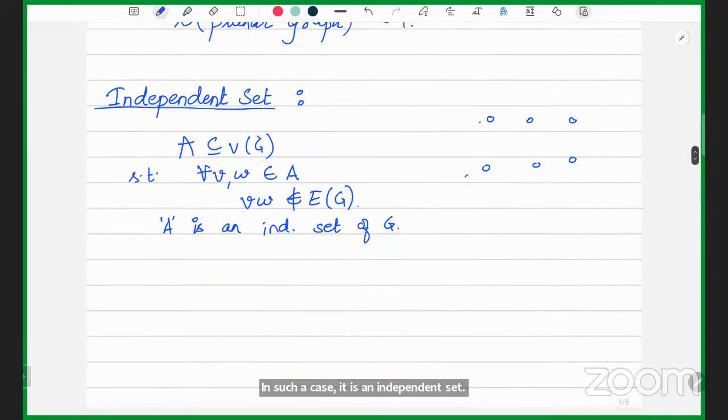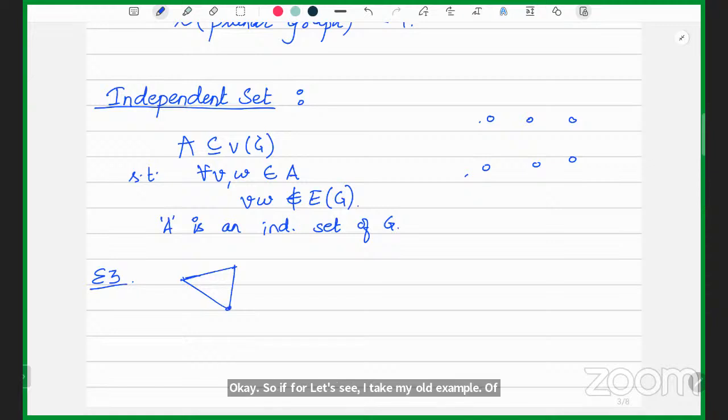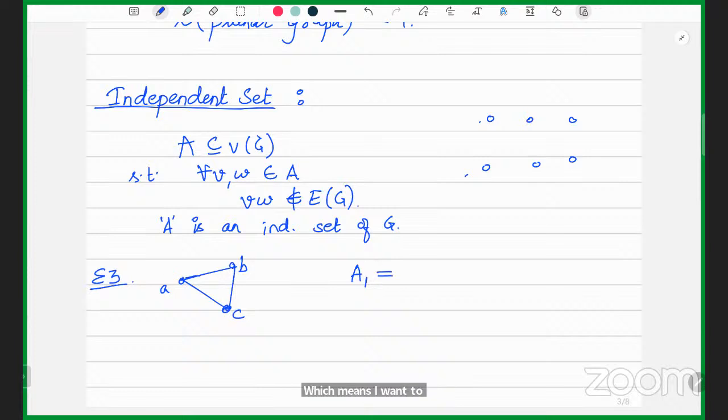So let's say I take my old example of A, B, and C. Tell me one independent set, which means I want to find some subset of the vertex set such that there are no edges between those vertices.